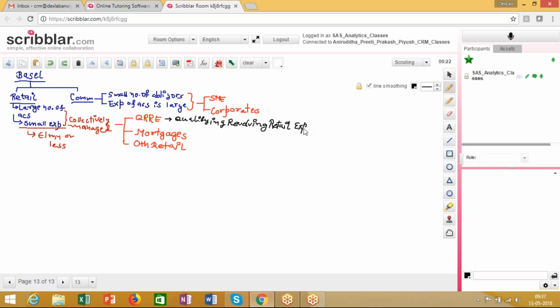Now, the products involved here can be two broad types of products. One is credit card. The other is an overdraft.